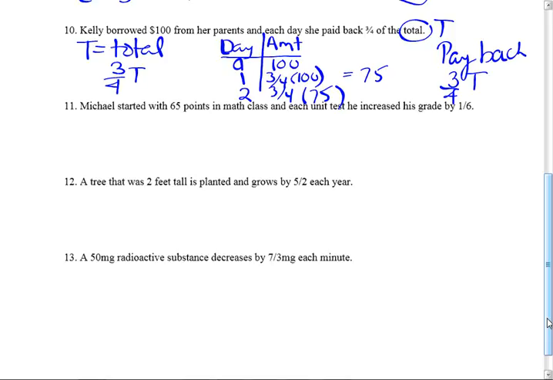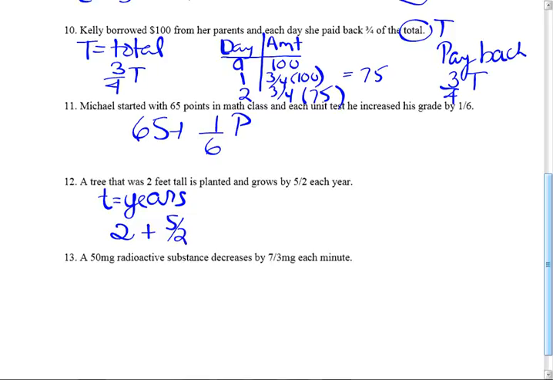Michael started with 65 points in math class. On each unit test, he increased his grade by 1/6. So he had 65 points, and he increases his grade by 1/6 of what he had at this point. I don't like those questions. No, I see what they're trying to get out of here. A tree is 2 feet tall as planted, and grows by 5 halves each year. So for each year, let T equal the number of years. So it's 2 feet tall plus, and then it grows 5 halves times T. That's still not right.